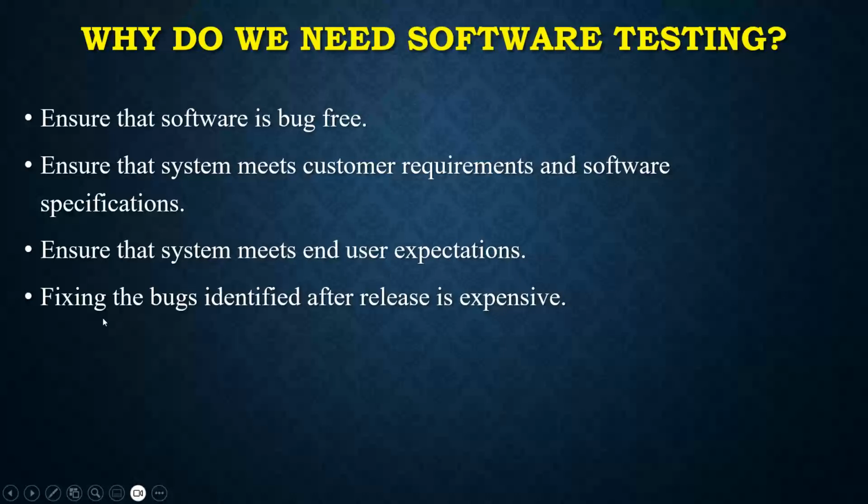So we do software testing to ensure that the bugs have been identified and fixed, and now the software is ready to use for the end user. If the end user finds those issues, it is really expensive and a bad impression on your team as well as your company. So in this slide, we discussed why we need software testing.